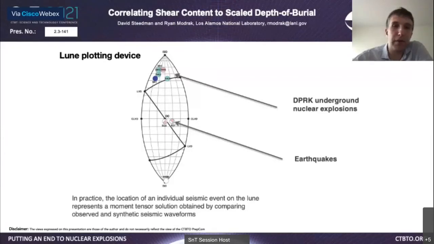By inverting for moment tensors and plotting on the loon, however, we obtain this very clear separation between explosions, at the top, which produce relatively low shear release, and other seismic events in the middle, which produce much higher shear release.